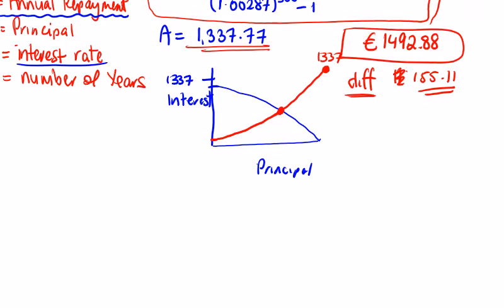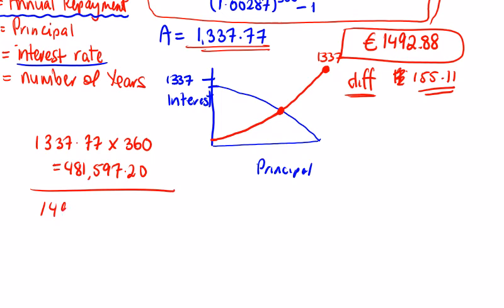So 1337.77, we're paying that back for 360 months. That's going to give 481,597.20. My 1492.88 by 300 is going to give 447,864.